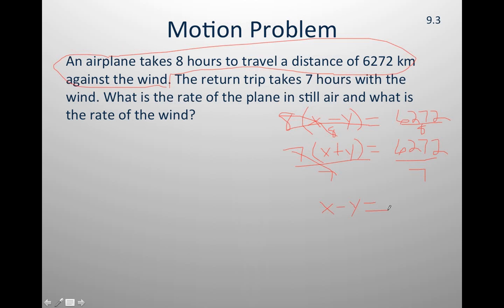That's what I'm hoping for. 6,272 divided by 8 is going to be 784. And then x plus y equals that divided by 7.